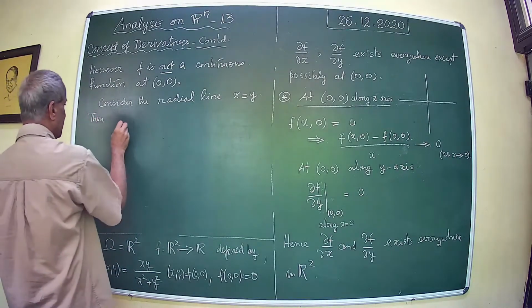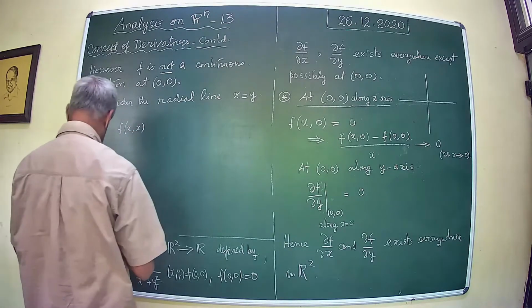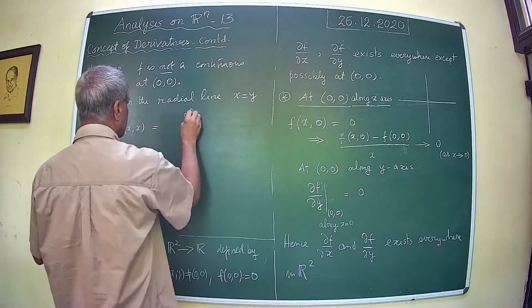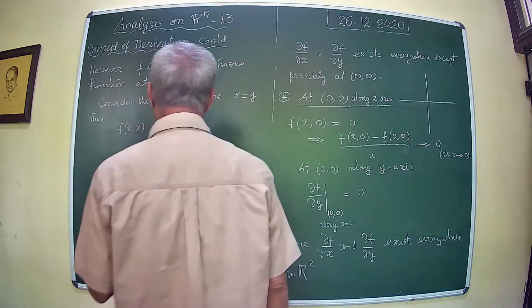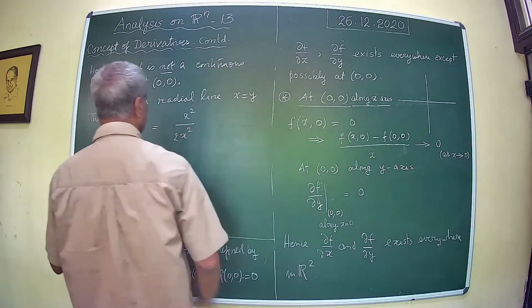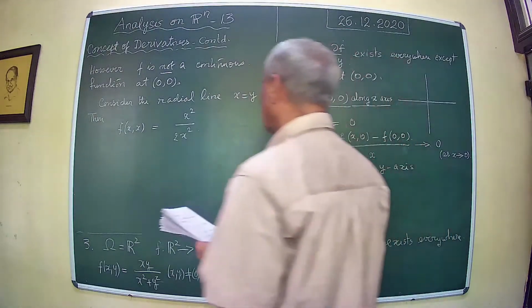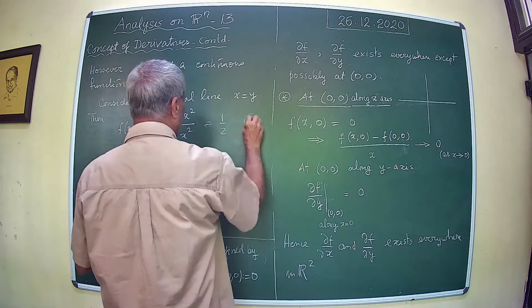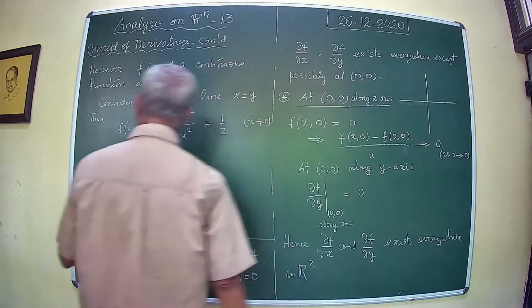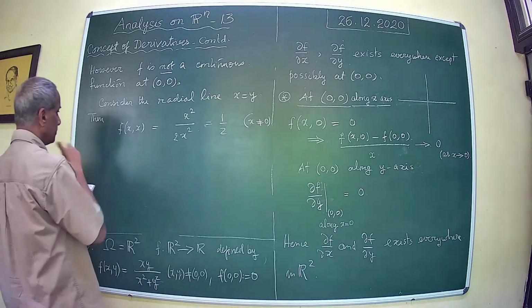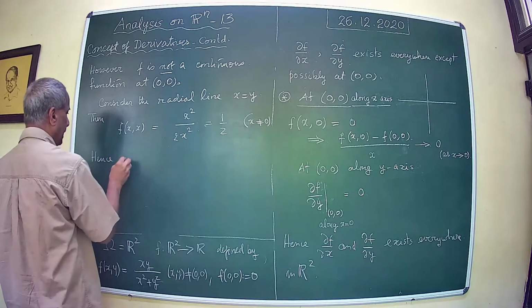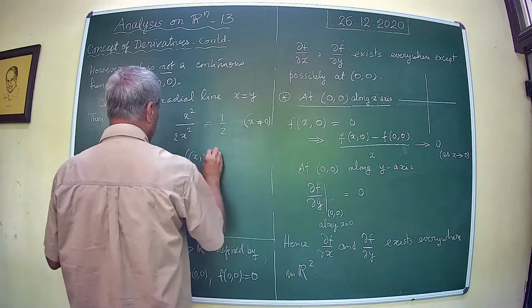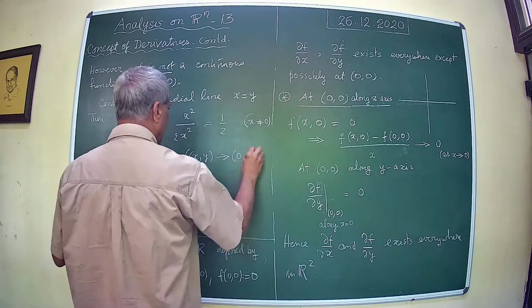Then x squared, which goes to, hence as x tends to 0 is equal to x line 0.